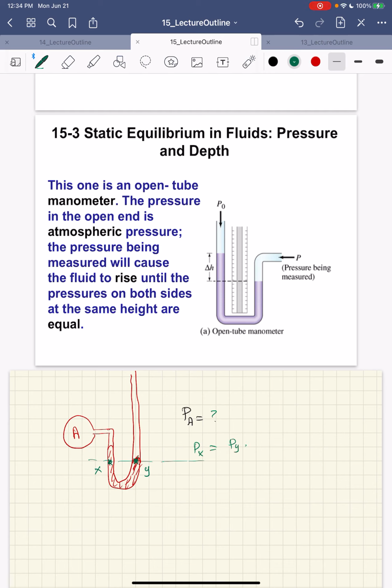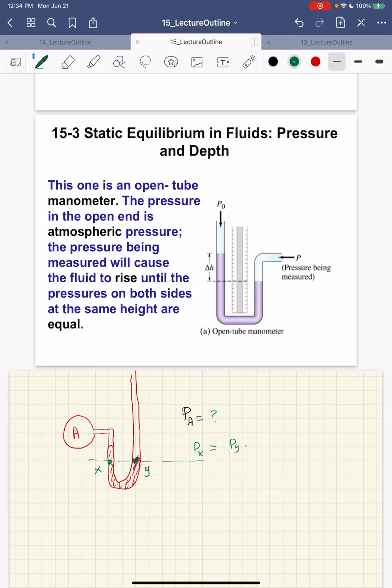Now let's assume I have another scenario where I have fluid B and the levels are this way. Here again I have my h.